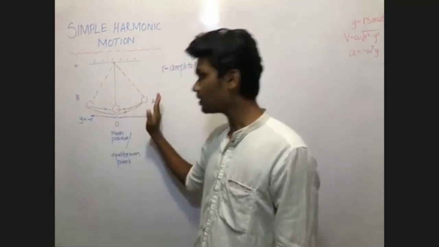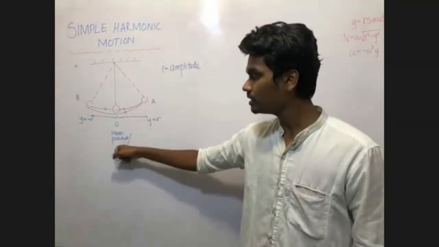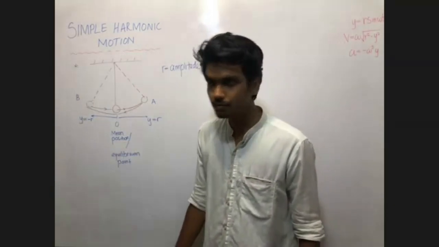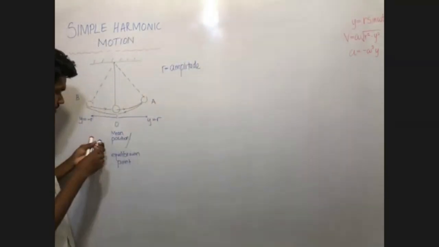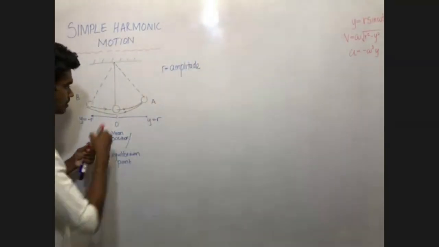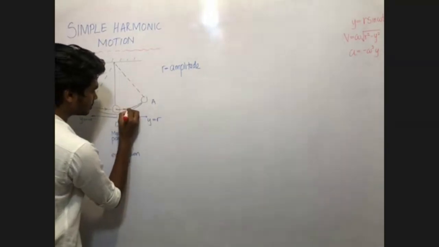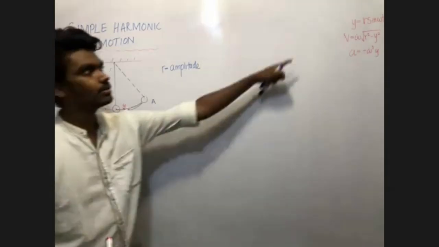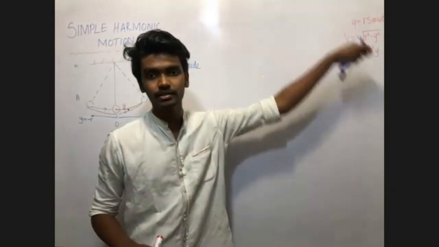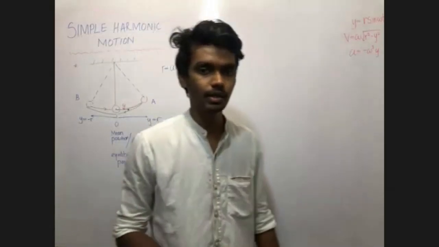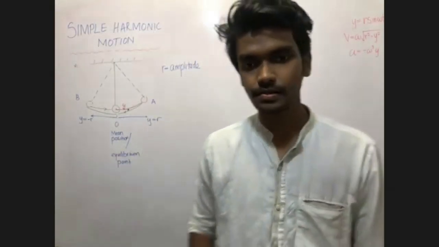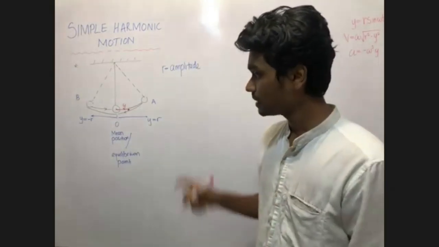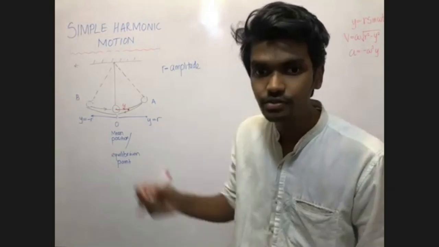Displacements are measured from the origin, the mean position, or the equilibrium point. This is displacement. So what is the equation for the displacement? y equals R sin omega t. So I need to see at which point the velocity is maximum.